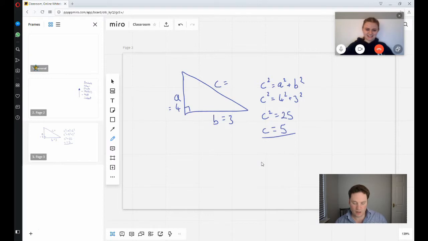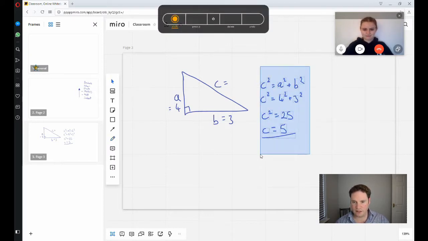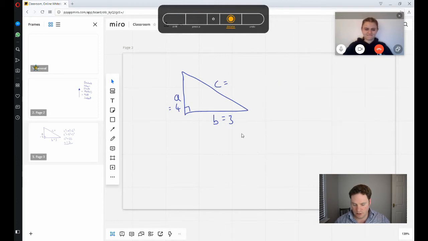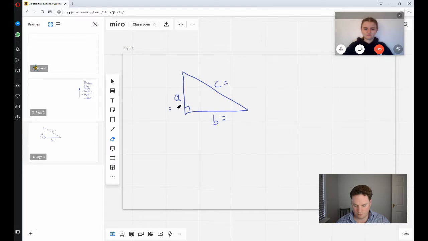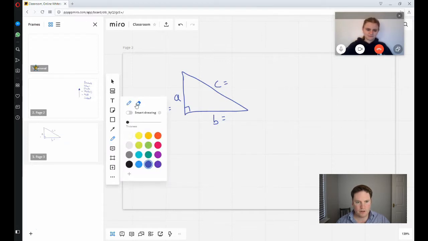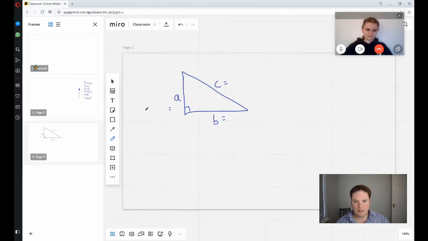Okay, right, so I'm going to put in some new numbers, and this time you can have a hack at it. Let's say this was 11 and this was 7. See if you can write the formula down, fill in what we know, just like what I did a second ago.